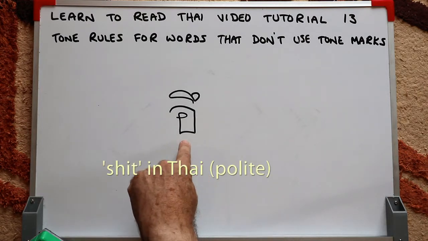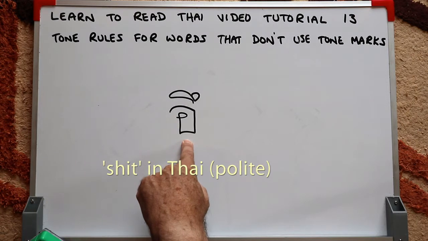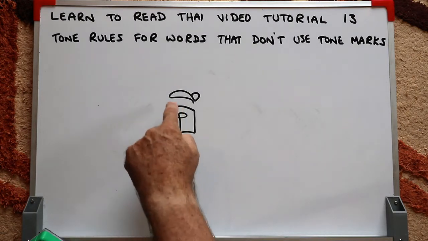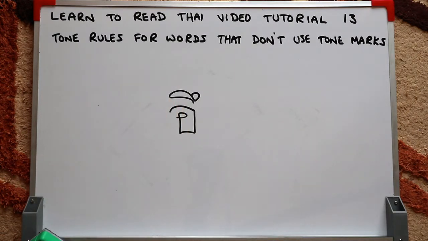The class of this character is mid, and this is a short vowel, so it's a dead syllable. So when you go back into the tone rules, you'll see that the tone rule for a mid-class consonant and a dead syllable and a short vowel is low.